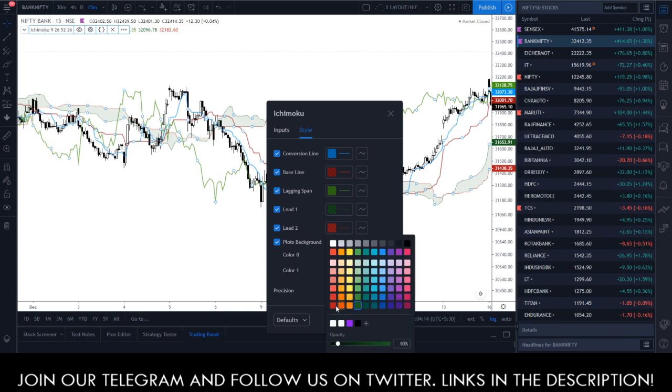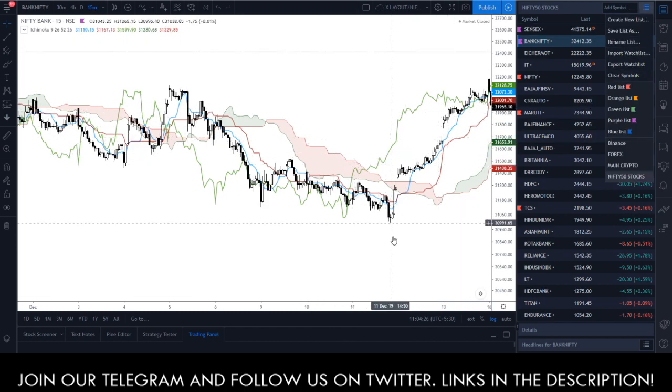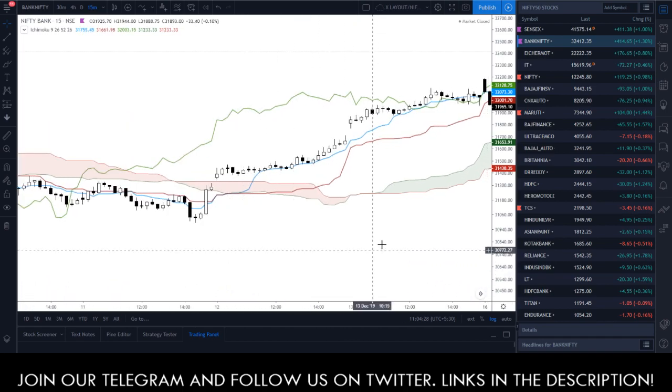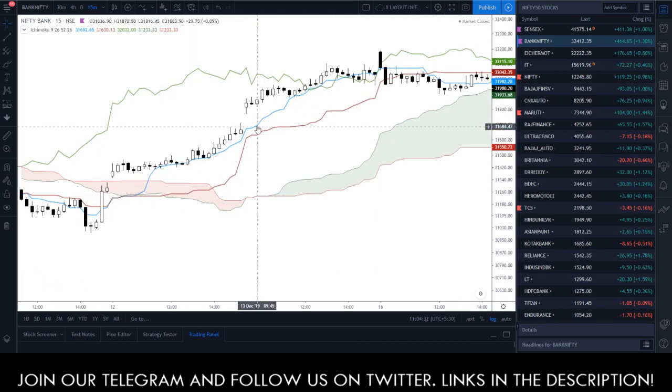I think, yeah. So we have it. Now, this is what an Ichimoku cloud looks like. Now, let's jump to the basics of Ichimoku cloud, right? This is your conversion line and this is your baseline, red line.